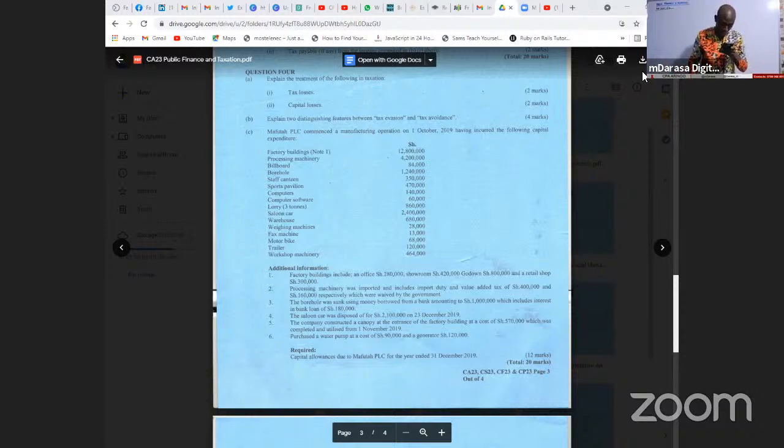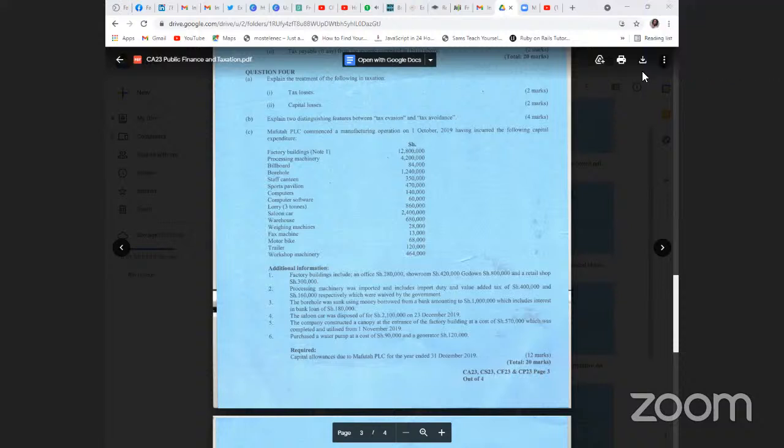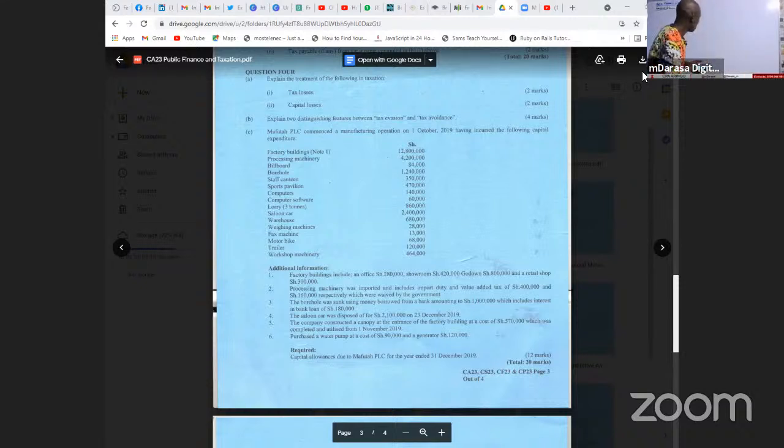Question number 4, specifically part C. We are told that Mafuta PLC commenced a manufacturing operation on 1st October 2019, having incurred the following expenditure. I think we had looked at this question. Let's do it quickly and see if what you did was correct.